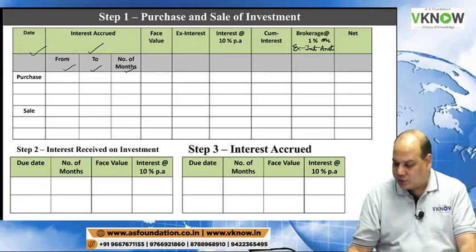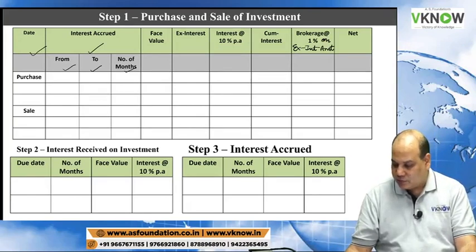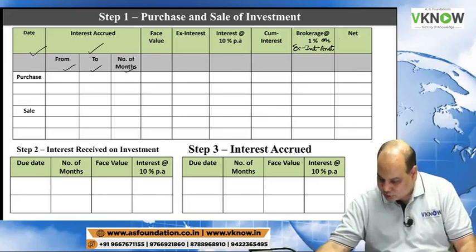Brokerage at the rate of 1% on ex interest amount. Last column is net amount. Net amount will be equal to ex interest amount plus or minus brokerage.